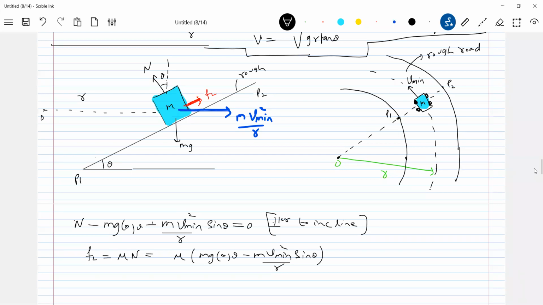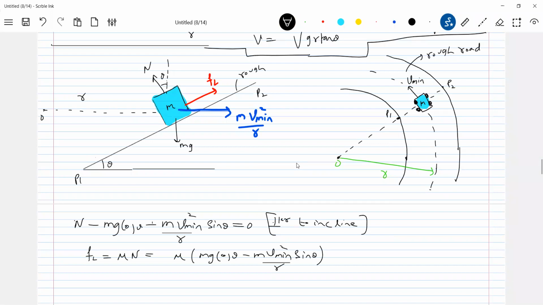N sine theta minus FL cos theta should be equal to m v minimum square by r. Or if you are doing it in the rotating frame, what should you write? Who will balance N sine theta, the component of friction, and the centrifugal force.